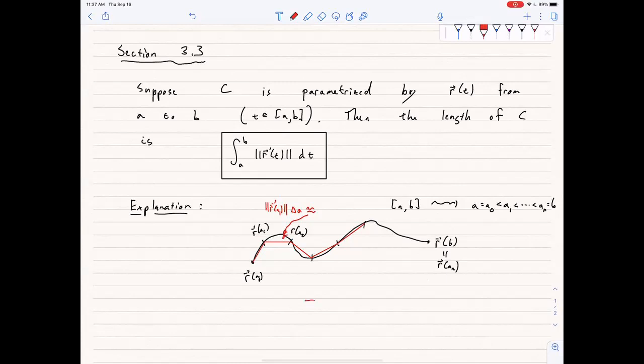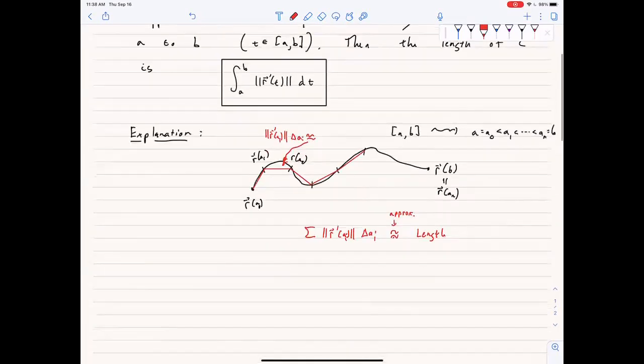And so then if we sum up all of these approximate lengths, R prime of A i times delta A i, this gives us a good approximation to the length of the whole thing.